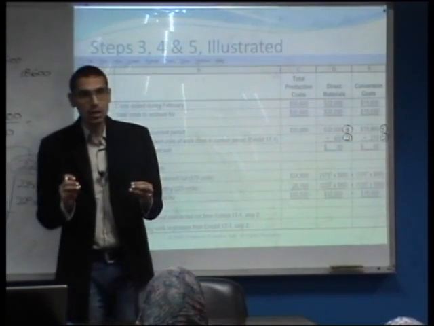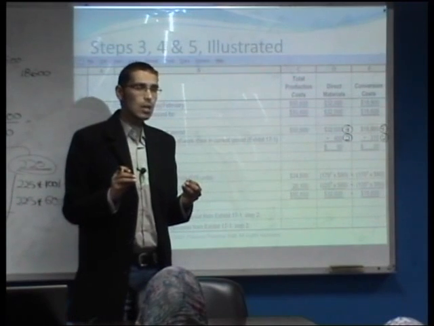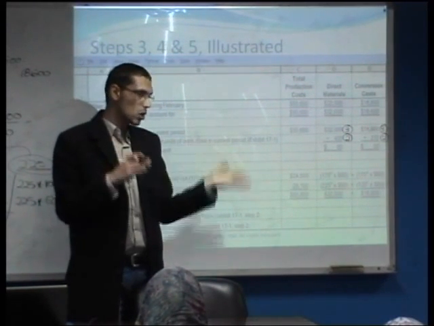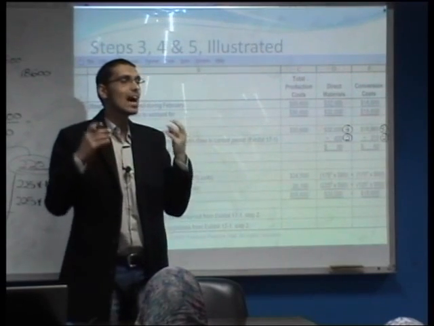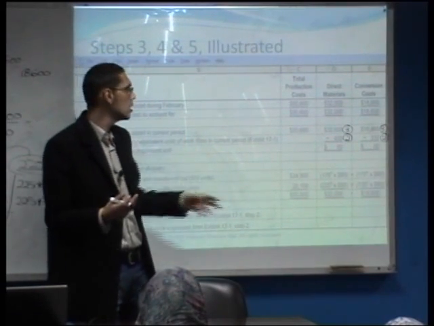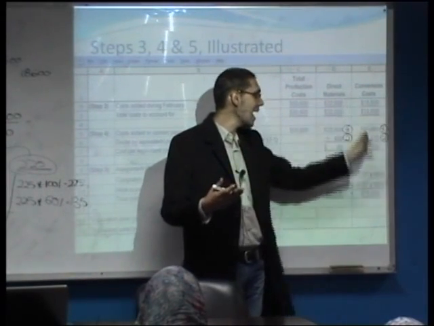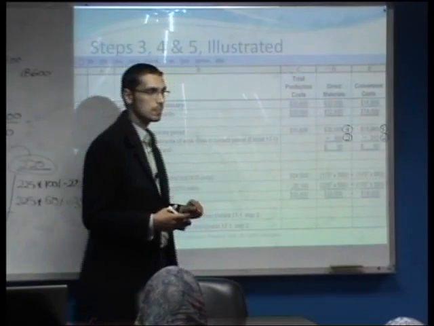This means that the completed and transferred out units, which are 175 units, have cost the organization $24,500 as direct materials and conversion costs.